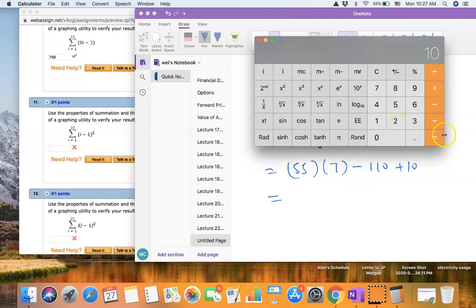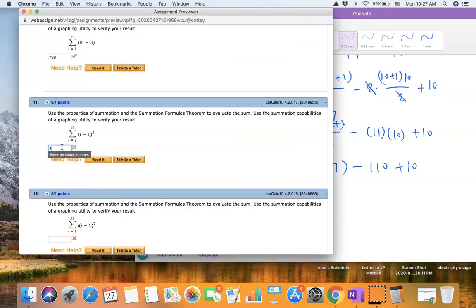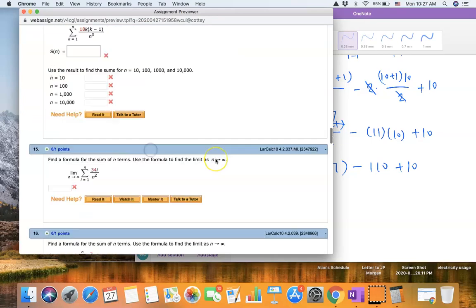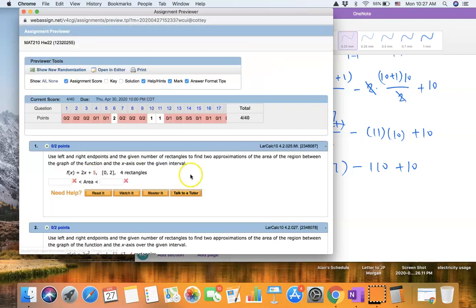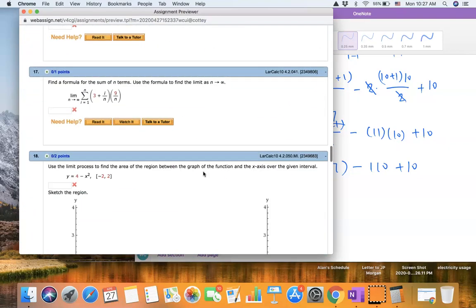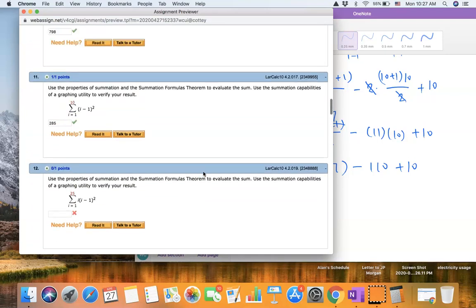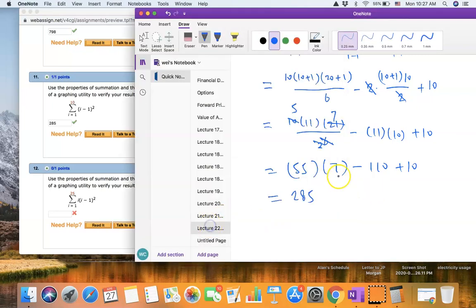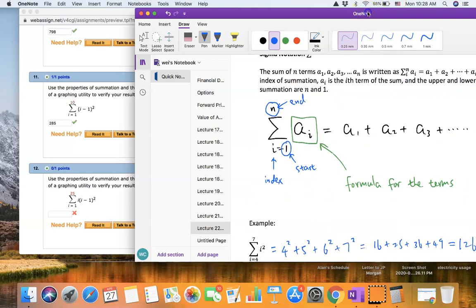Okay, so the result is 285. Okay, so this is how to evaluate sigma notation.